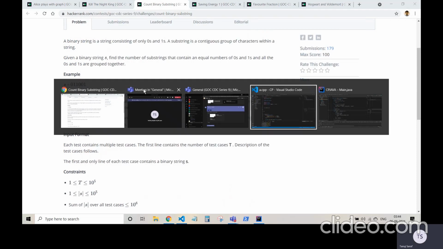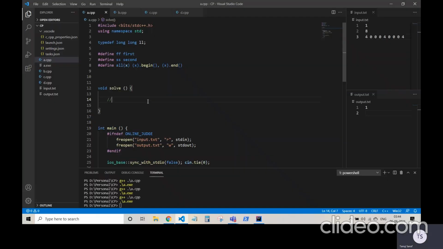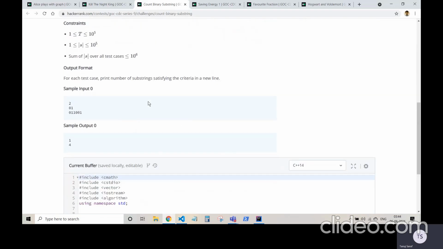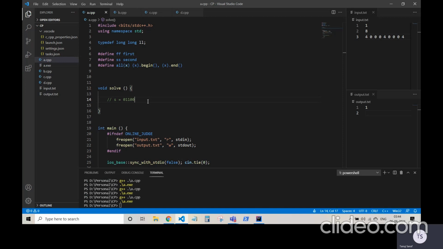So let's look at the problem. We are given a string S, and let's look at the sample first. Let's say 0 1 1 0 0 1, right?